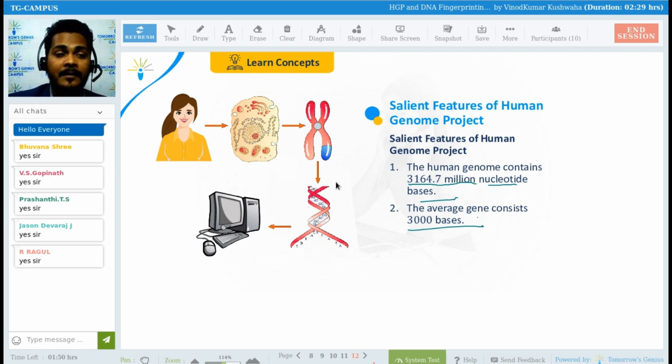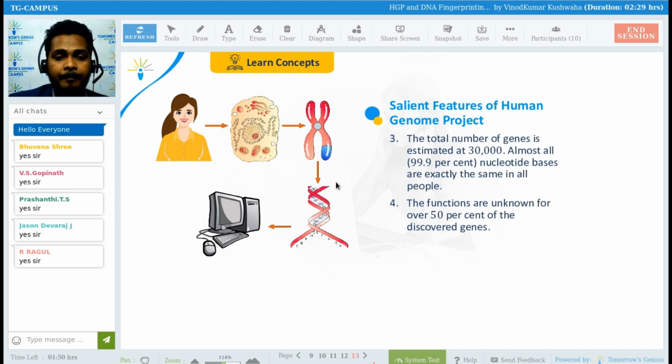But what scientists assumed at the time of launching this project was near about 20 to 25,000 genes. Now the total number of genes is estimated at 30,000. Almost 99.9% of nucleotide bases are exactly the same in all people.